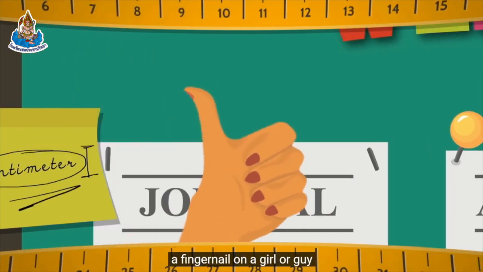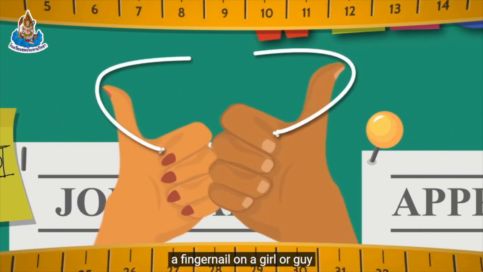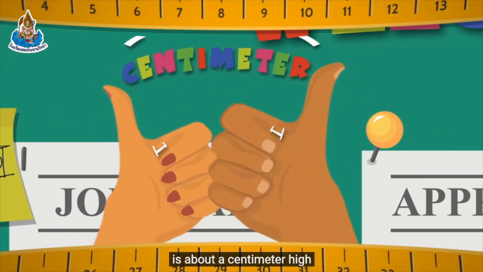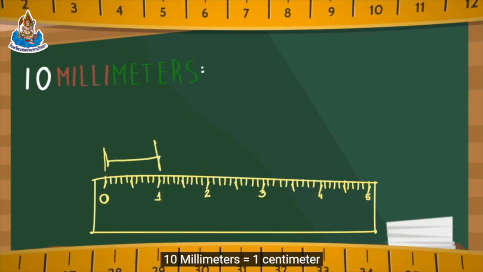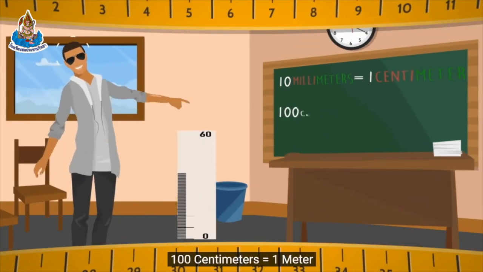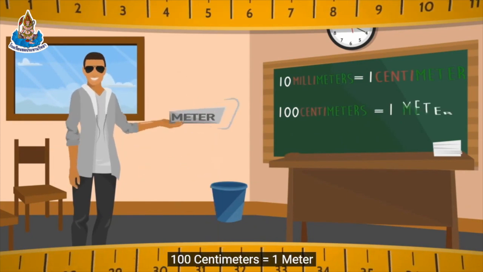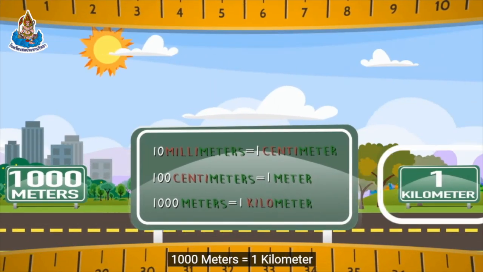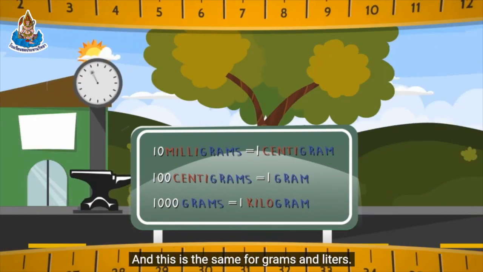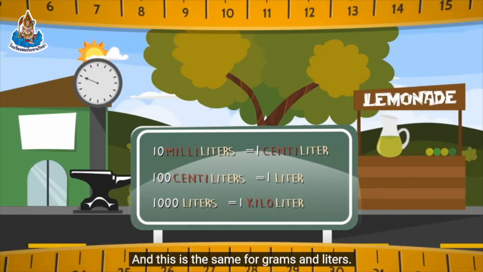A fingernail on a girl or guy is about a centimeter high. 10 millimeters, a centimeter, 100 centimeters, it's a meter, 1,000 meters, that's a kilometer, and it's the same for grams and liters.